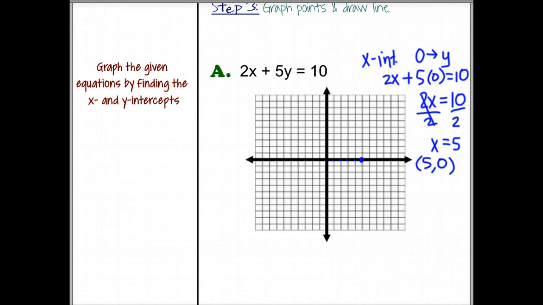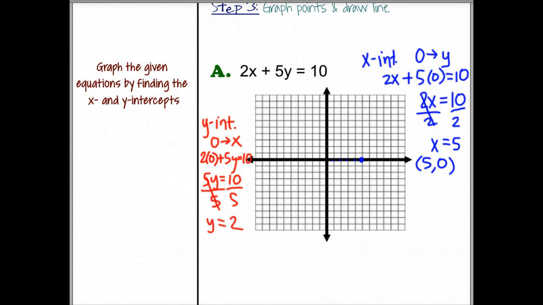Now I want to find the y-intercept. And we plug 0 in for x. So now we have 2 times 0 plus 5y equals 10. 0 times anything is just 0, so we have 5y equals 10. To get y by itself, we divide by 5, and we get y is equal to 2.